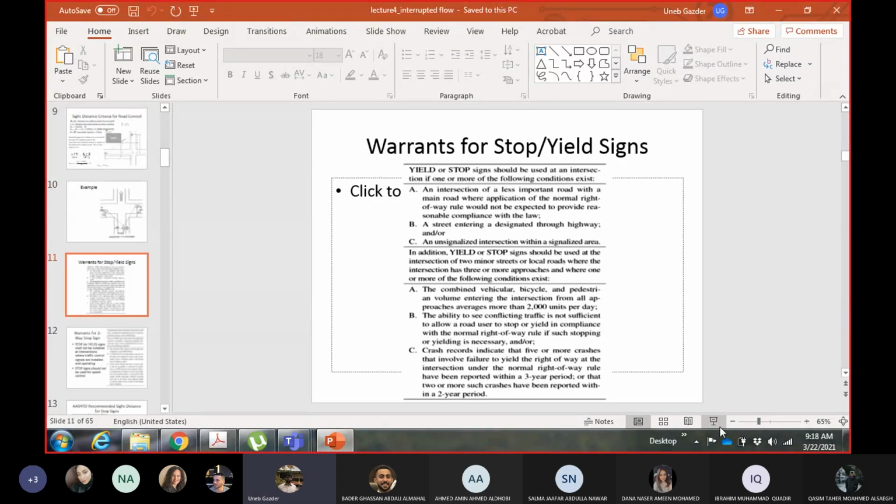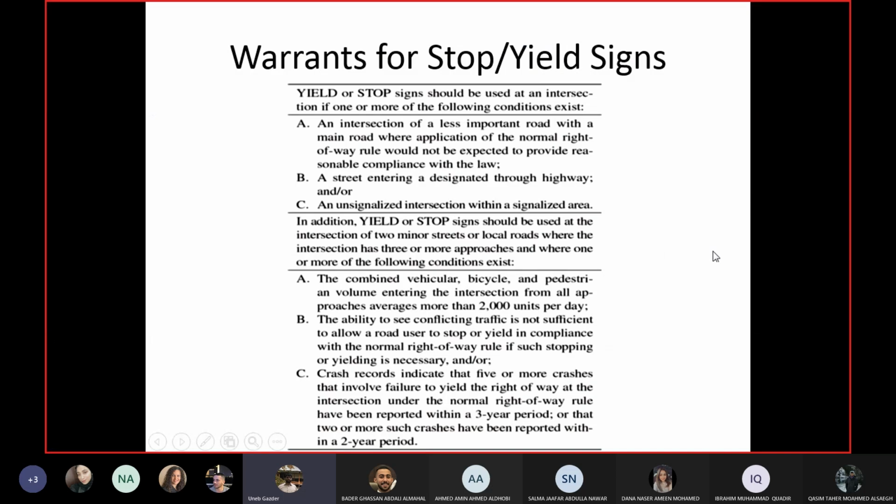Now let us look at the warrants required for different traffic control devices at the intersection. What do we mean by warrant? Warrant is not the warranty which you have for different electronic items, right? It's not that warranty, okay? That the traffic control device is not working, you go to the ministry and tell them, okay, give me another one. It's not like this.